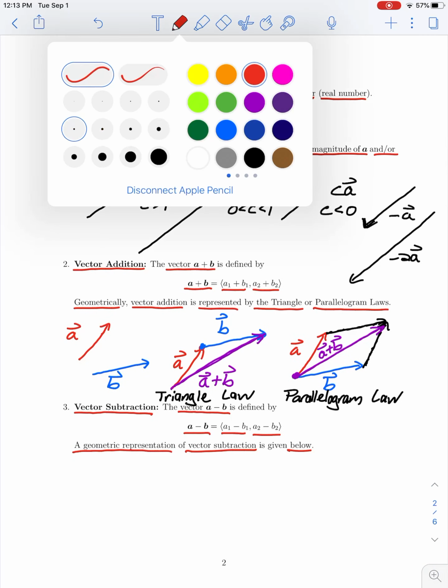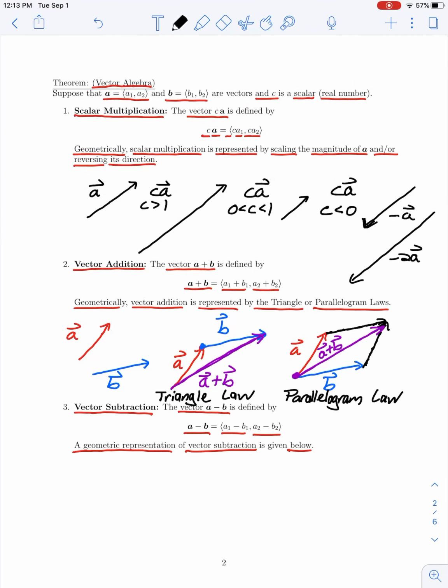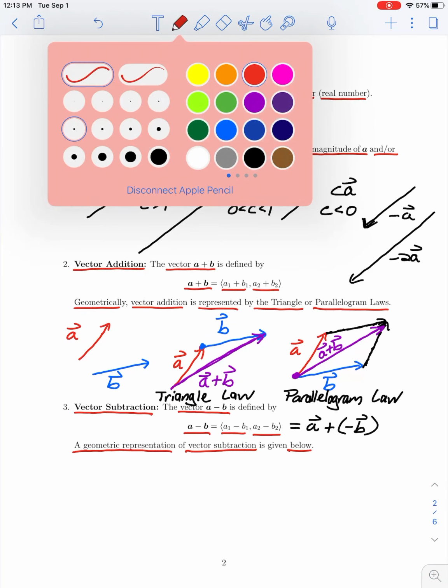So really, the way that we can think about vector subtraction is in the following way. When we're taking a vector A and subtracting B, we can really think of it as adding the negative, a scalar multiple, that is -1 times B. So let's think about what our representation would be.